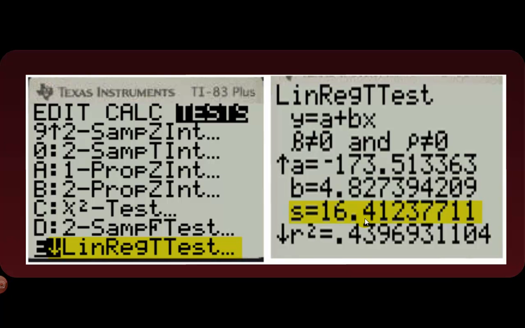We plug this into our equation, with our A and our B, and since an outlier is beyond 2 standard deviations, we multiply this value by 2, and then add it and subtract it from our predicted values. We can make a graph with that, and anything that lies outside of that would be considered a possible outlier.